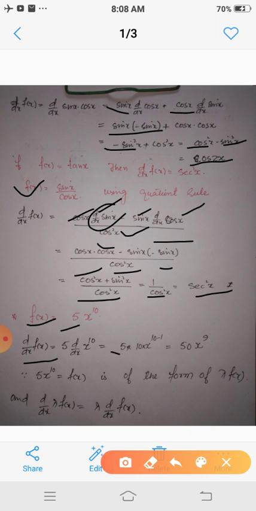Differentiation of x raised to power 10 is 10x raised to power 10 minus 1, so it is 50 into x raised to power 9, because f of x is 5 into x raised to power 10, which is of the form lambda f of x, and we know that d by dx of lambda f of x is lambda d by dx of f of x.